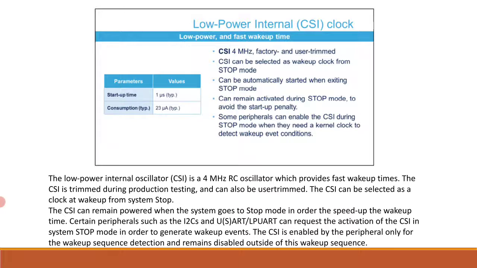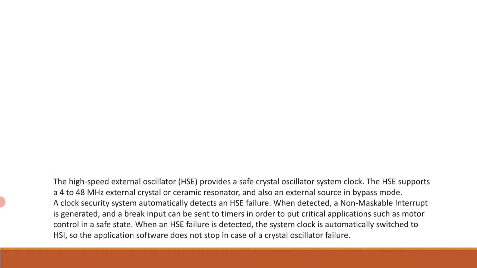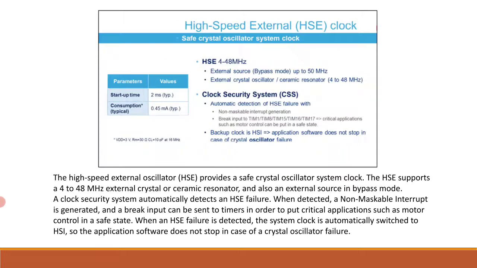The HSE clock, the high speed external clock, provides a safe crystal oscillator system. The HSE supports a 4 to 48 MHz external crystal or ceramic resonator and also an external source in bypass mode. A clock security system automatically detects an HSE failure.